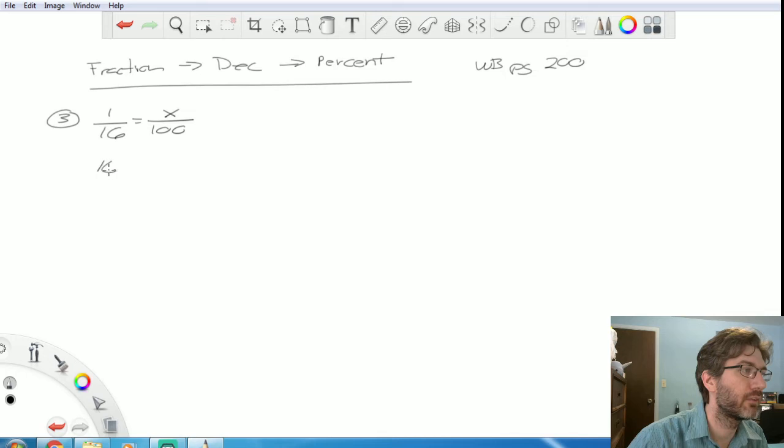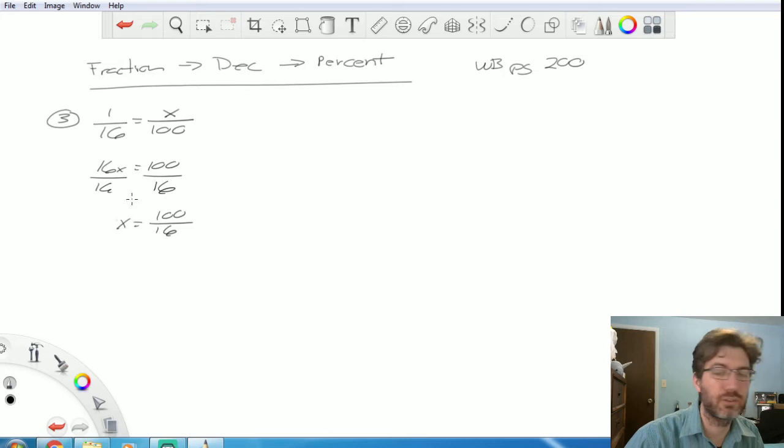So you get 16x equals 100. Then you're going to divide both sides by 16. And you're going to get x equals 100 over 16, whatever that answer is. You can solve that out, which gives you the decimal. 100 divided by 16 is going to give you that 6.25.